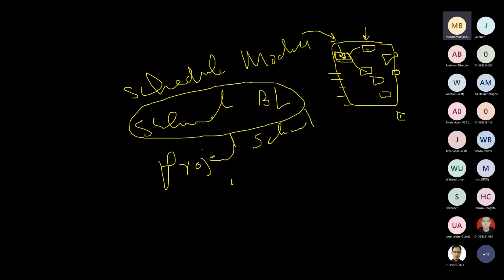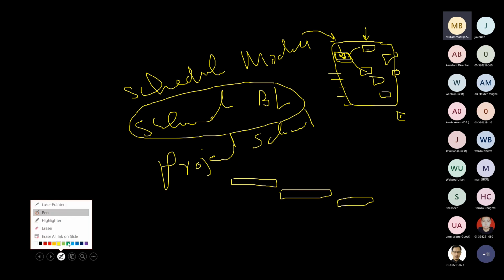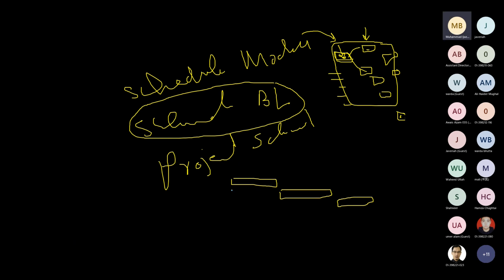Okay, now let's say these are the activities that are planned here. Let's say I'm only taking three activities, just to keep things simple. Now, as per baseline, this activity has to start on 1st of January and finish on 15th of January, right? Then the next activity has to start on 16th of January and finish by 31st of January, correct?